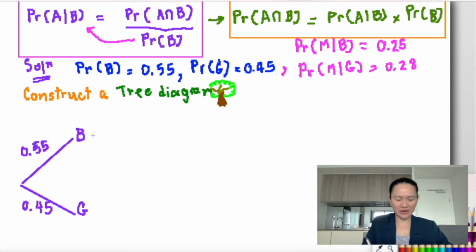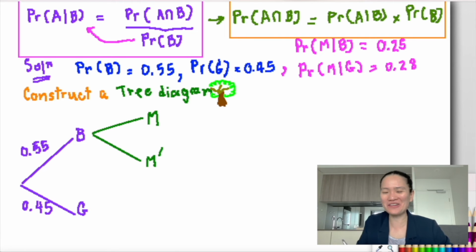The next one. Boys who like mathematics, and boys who do not prefer mathematics. So I write down prefer mathematics M, not prefer mathematics M prime. Do you know what M prime is?